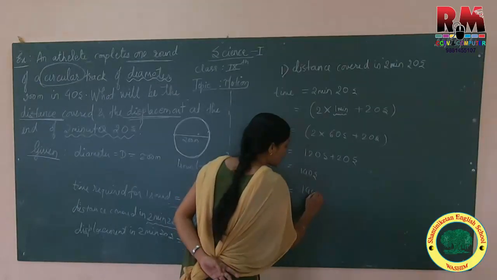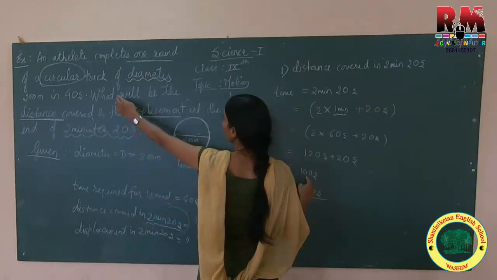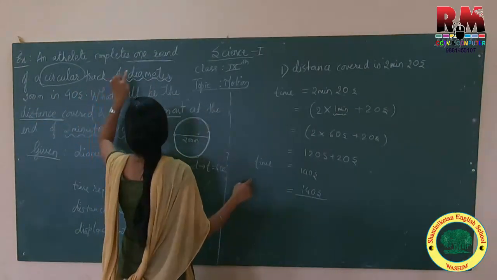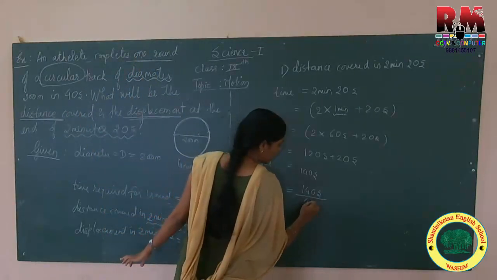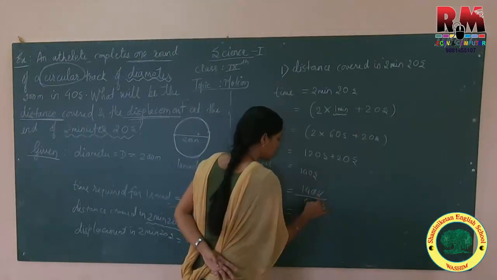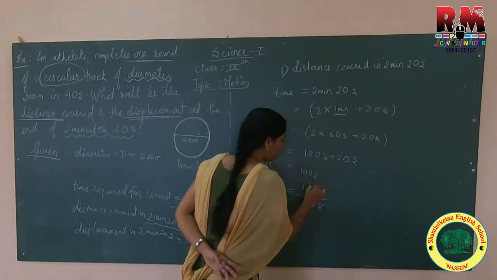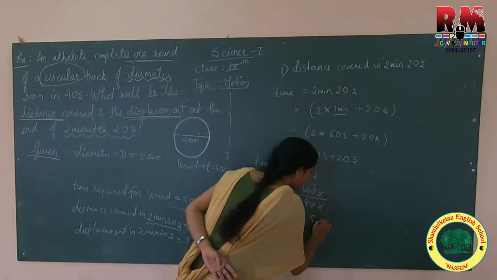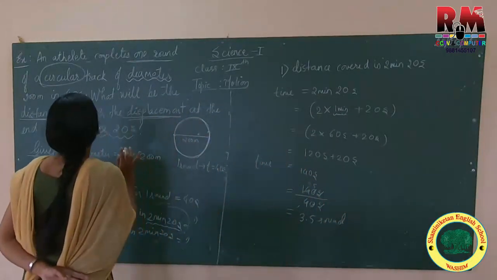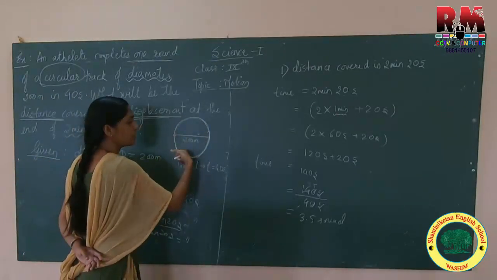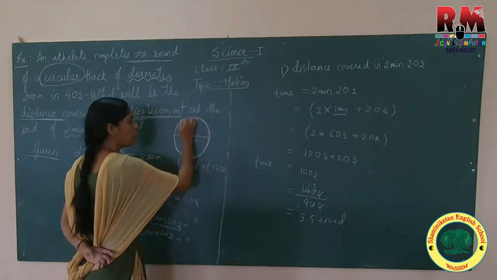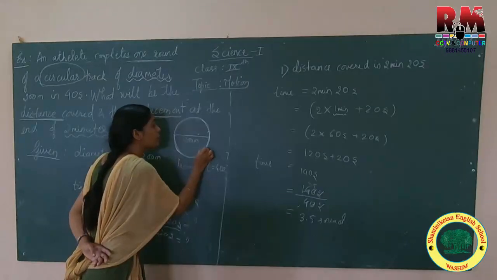For one round it requires 40 seconds. So let us see how many rounds it will take. So it is 3.5 rounds. That particular athlete in 140 seconds is completing 1 round, 2 rounds, 3 rounds and 3.5 rounds.